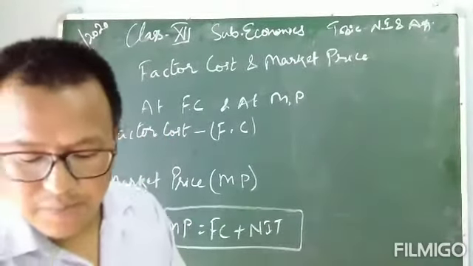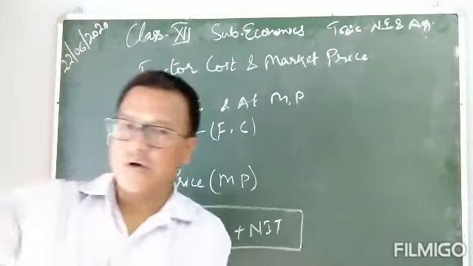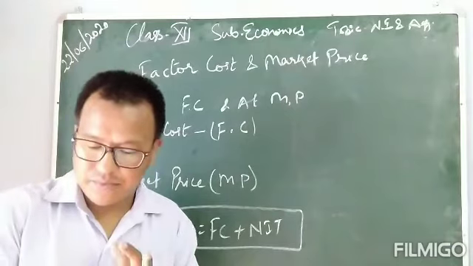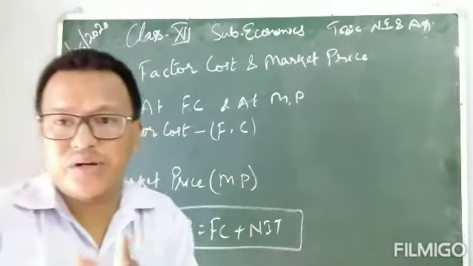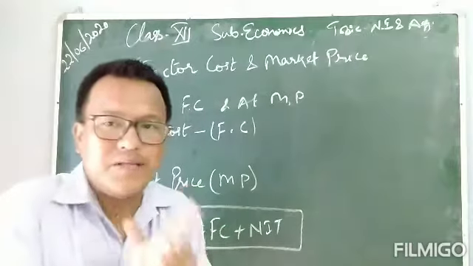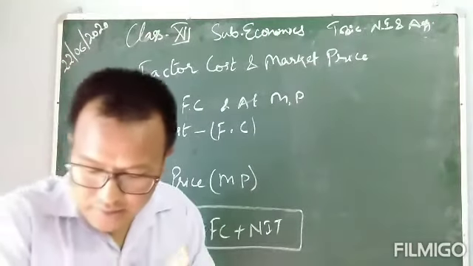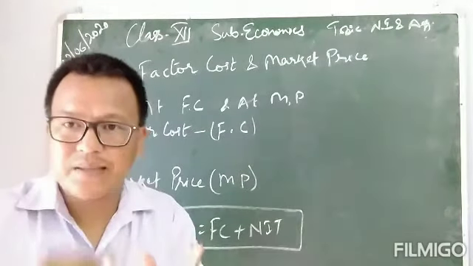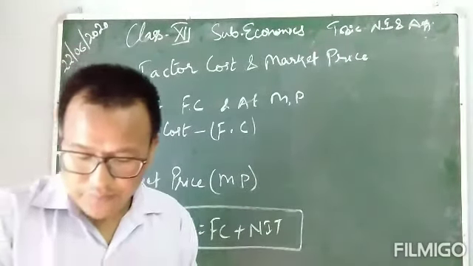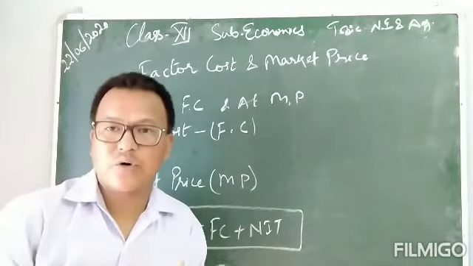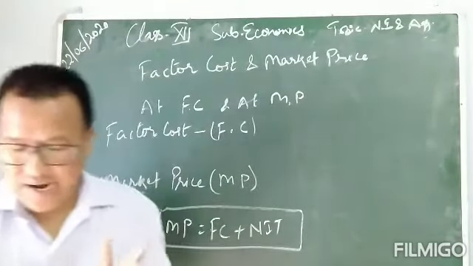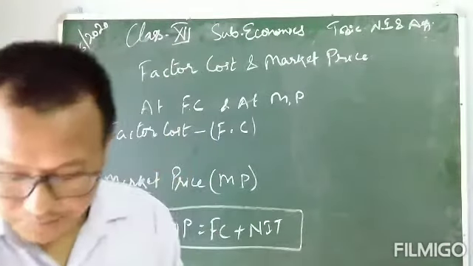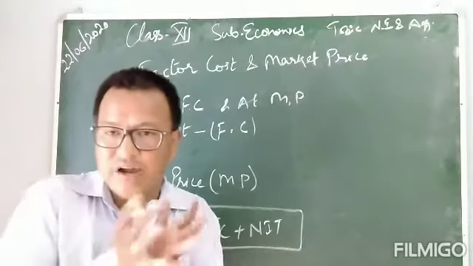For example, if a producing unit, which we can call a firm, has been established on a land, then all the payments that this firm makes to the factors of production are factor costs. So what are the factors of production? We can say land, labor, capital, entrepreneur. These are all factors of production.